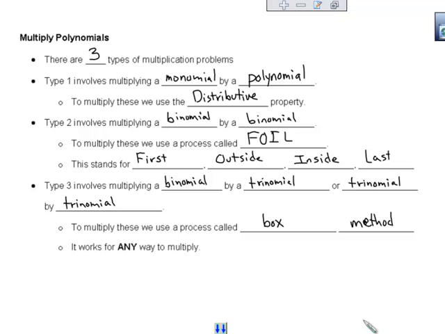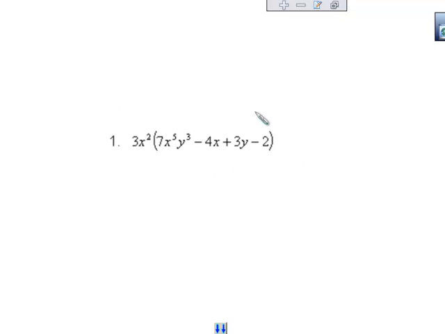So, I am going to do the first example on each type. So make sure that you are following along with me as I do these so you get the correct answer for all of them. So we're going to start with the type 1, which is distributing. Now in that first blank there, I didn't put it on my screen, but you can see there it says note, make sure to follow blank.